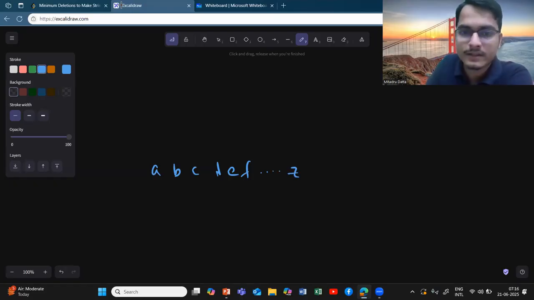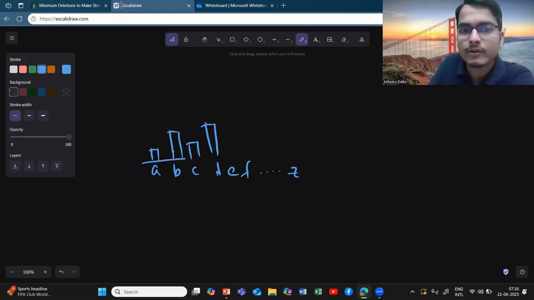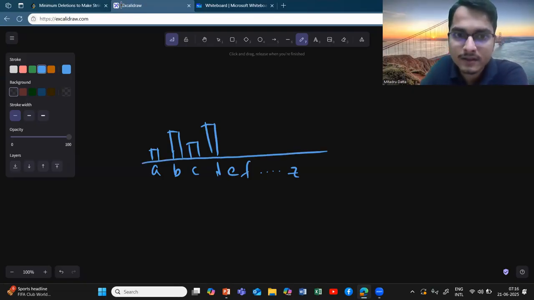So till z, let's say I'm drawing a bar graph where the height denotes the frequency. Let's say this is the frequency of a. B, let's say, has the frequency of this height. And C, let's say, the frequency of this. D is, let's say, this. So I am drawing nothing but a bar graph showing the frequencies.